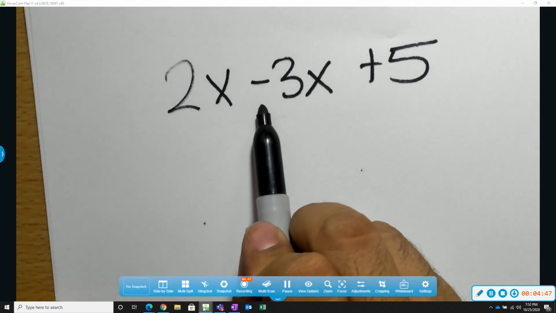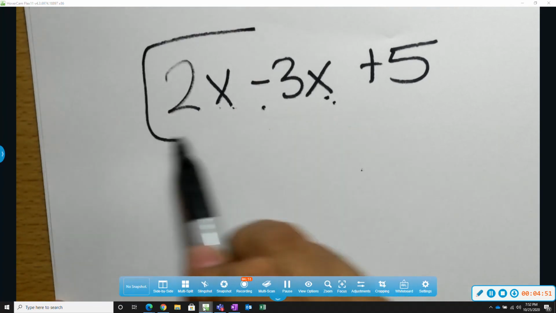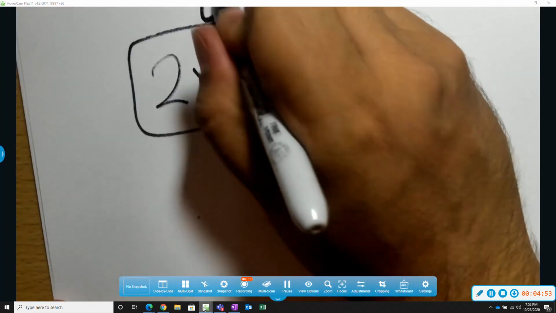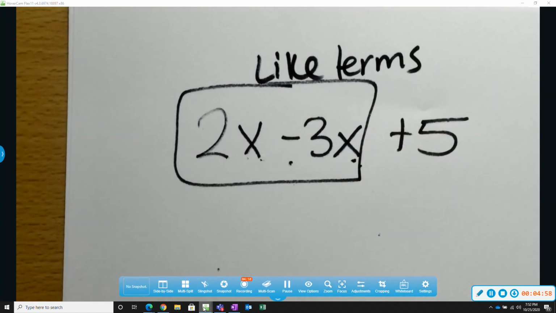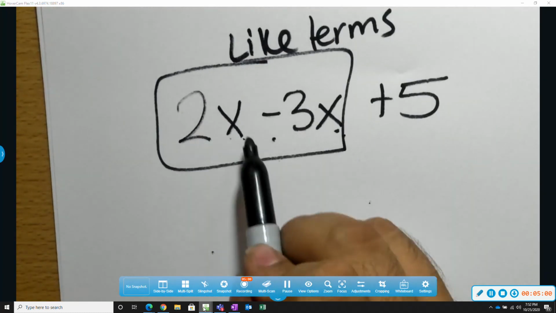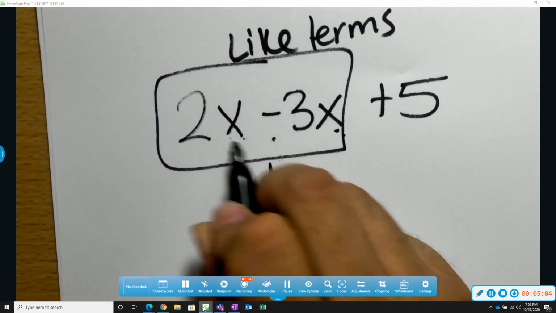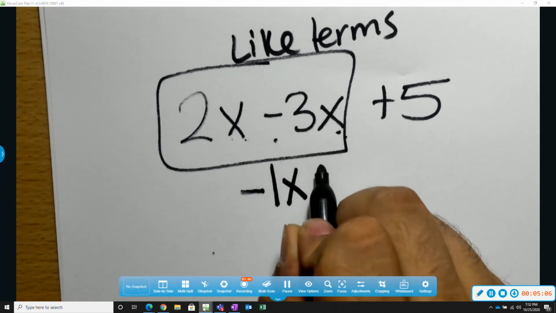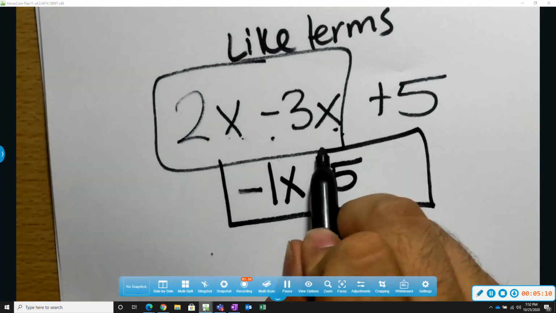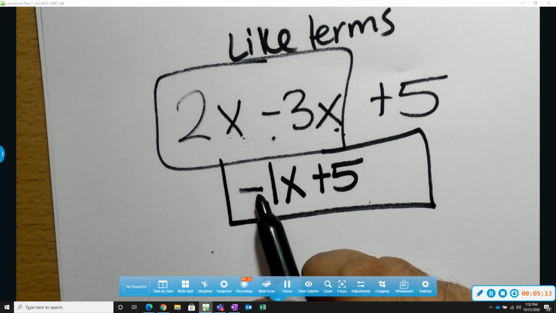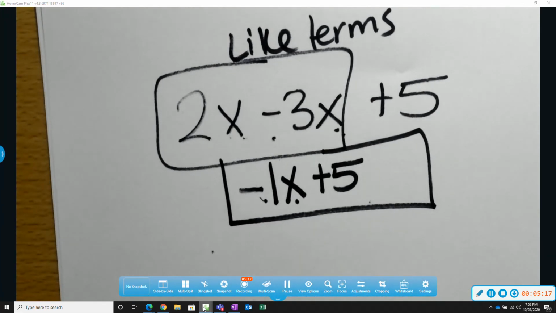Well, subtraction comes first, and I notice these both have an x, so I can combine them because they are what we call like terms. When you have like terms, you want to combine them. 2x minus 3x. Well, 2 minus 3 is a negative 1, and then I have an x plus 5. My coefficient is negative 1, my variable is x, and my 5 is the constant.